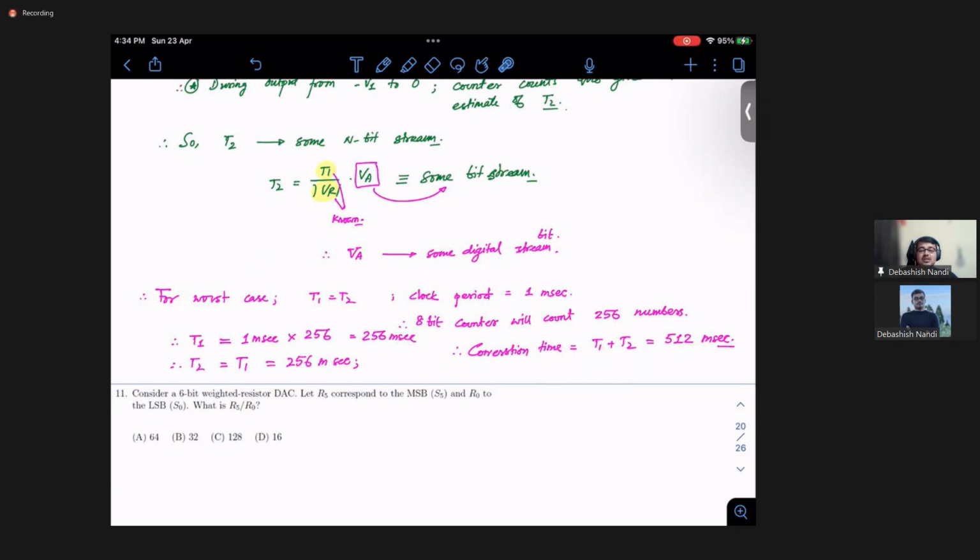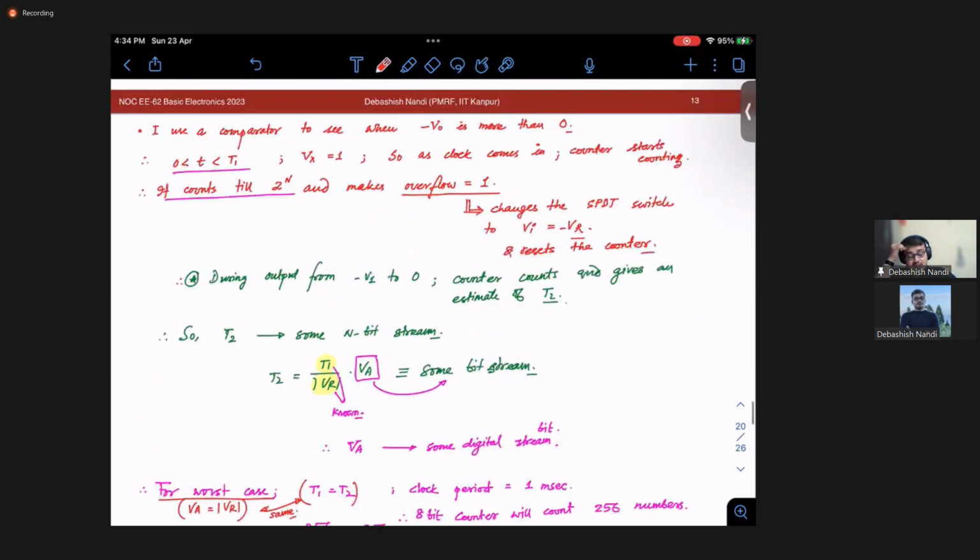So that is why it is called the worst case. In other words, the worst case can also be defined by VA equal to mod VR. Sorry, this and this, not this and this. This and this are the same condition. Okay. So this is how your dual slope ADCs work.